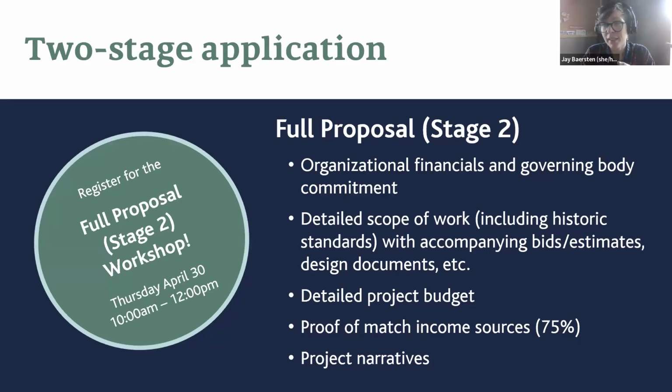A detailed scope of work, which is the core of your application, a more detailed project budget, and then proof of what money you're using to pay for your match expenses, and then a variety of narrative questions. So that's the bulk of the application. So the sooner you can get the eligibility review done, the sooner you can start work on all of these pieces as well.